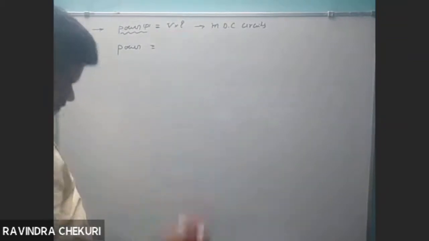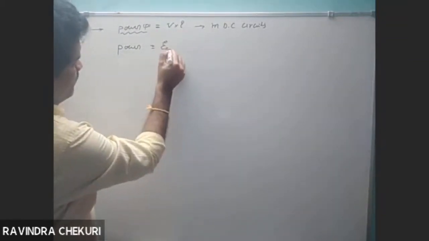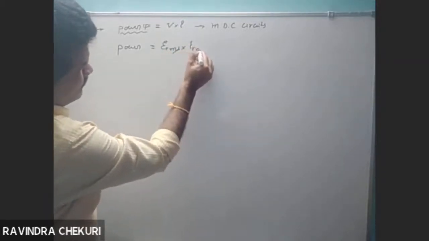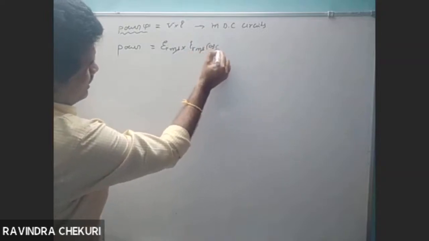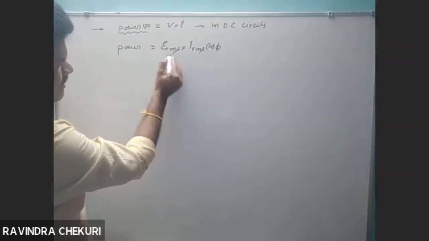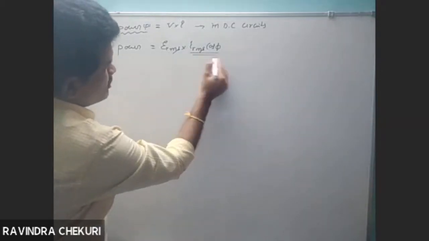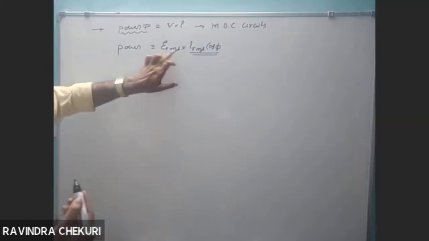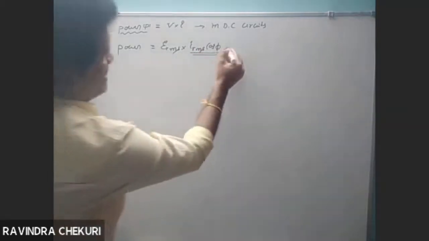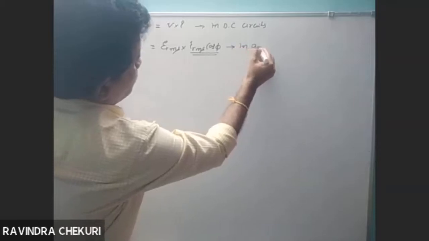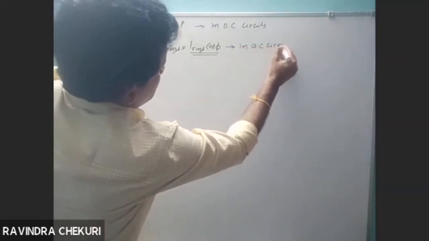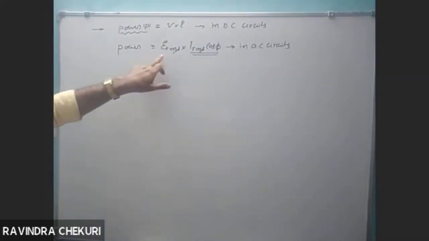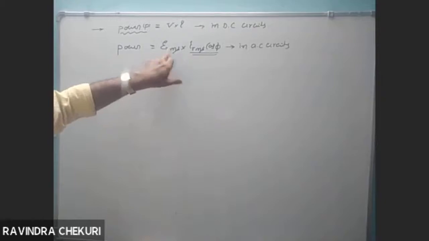In AC, the product of voltage and the component of current which is in phase with the voltage. So the product of ERMS and IRMS into cos phi in AC circuits. This is the formula to calculate power consumption.